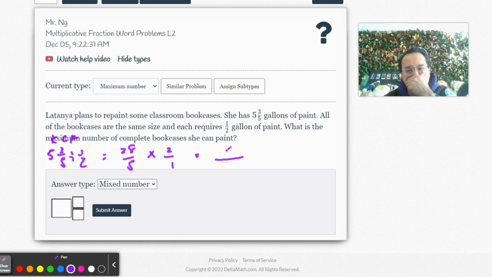That's 56 over 5. Now notice, in the last question it was a whole number. This one isn't anymore, so I'm just gonna have to divide. You pretty much have to turn it into a mixed number. That goes in 11 times. So the answer is 11 and 1/5.